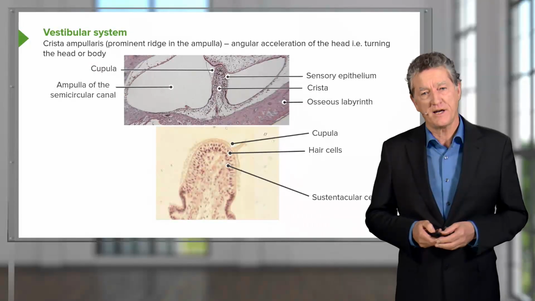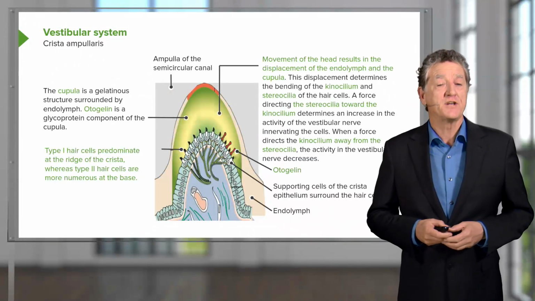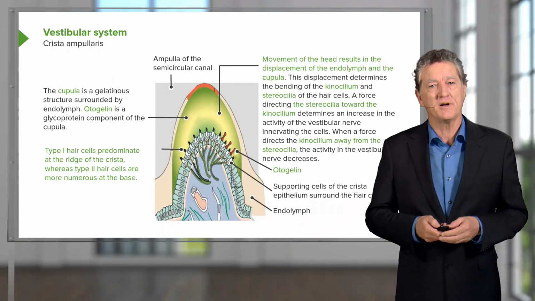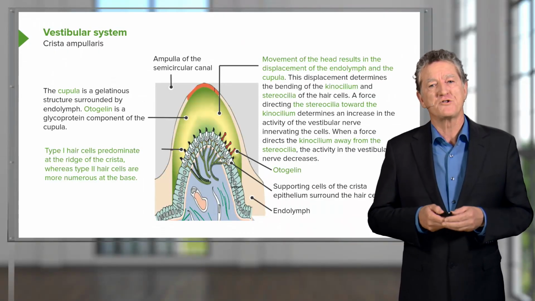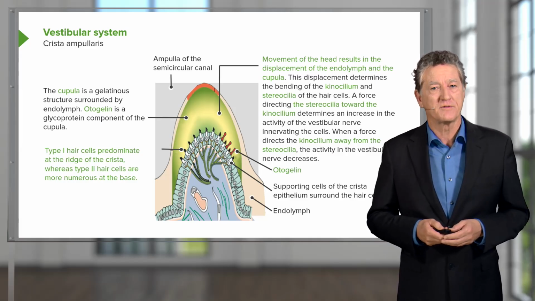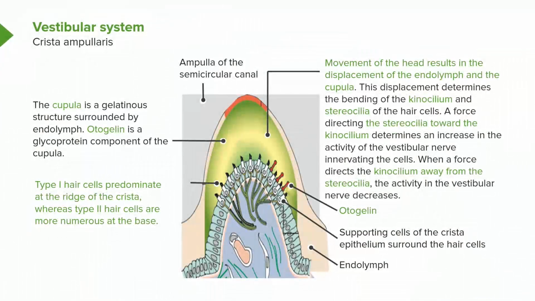Let's go to a diagram to see the details of these structures, the crista. In the diagram, have a look at the projection, the crista, into the endolymph, lined by supporting cells and the hair cells. The type 1 hair cells are on the ridge predominantly of the crista. Type 2 cells tend to be towards the centre. You can see nerve fibres coming from the hair cells.